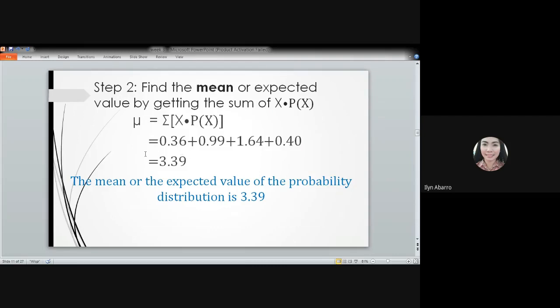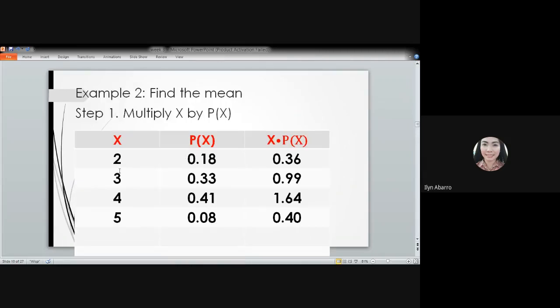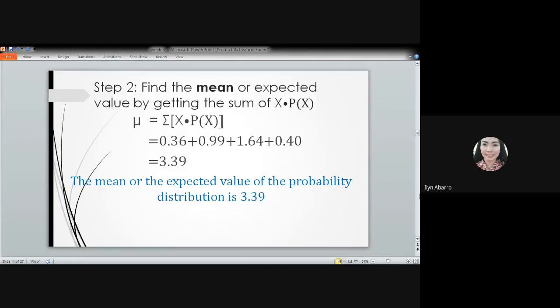And our total is 3.39. So, as we are expecting, 3.39 is in between 3 and 4. Okay? So, yan. Our mean or the expected value of the probability distribution is 3.39. So that is our answer. Okay?